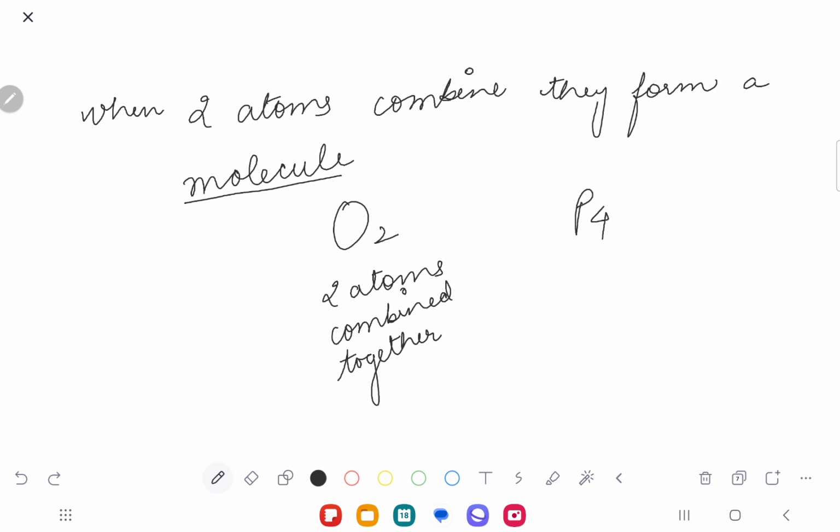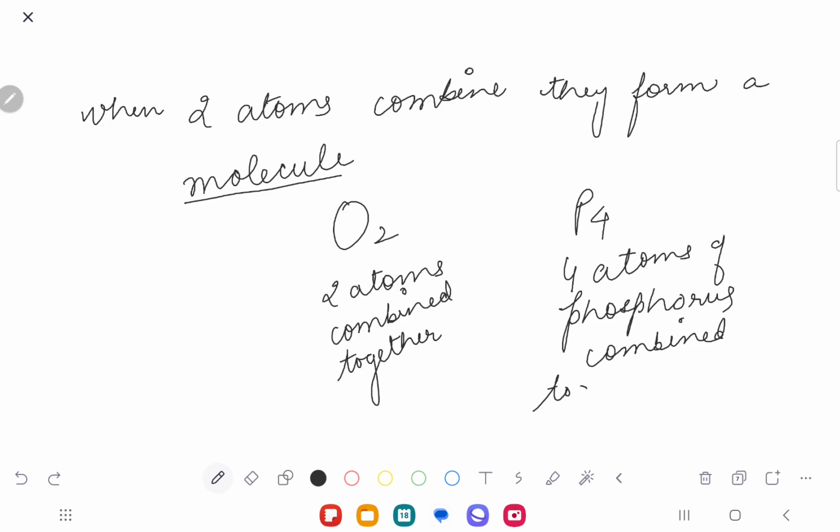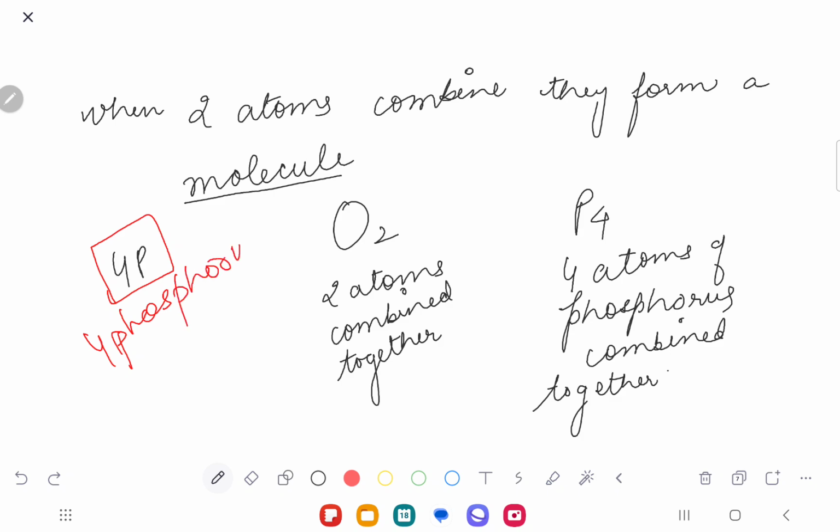When I say P4, that means four atoms of phosphorus combined together in such a way that they cannot be separated very easily. If I write 4P, what does that mean? That four phosphorus atoms are there, but they are separate.